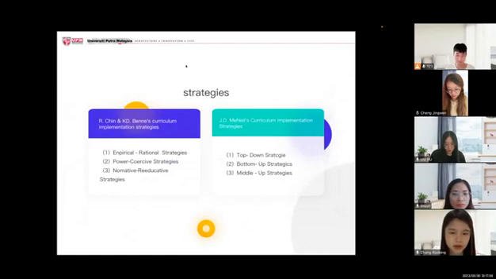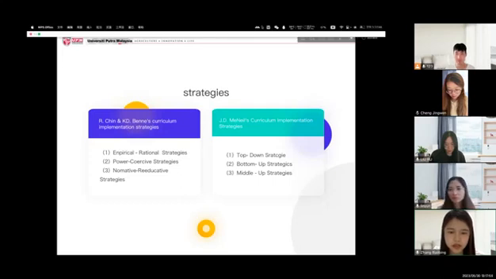In terms of strategies, we recognize 2 strategies. One is the action and business curriculum implementation strategies, which are considered to have 3 base types. Secondly, the JD Minus curriculum implementation strategies.